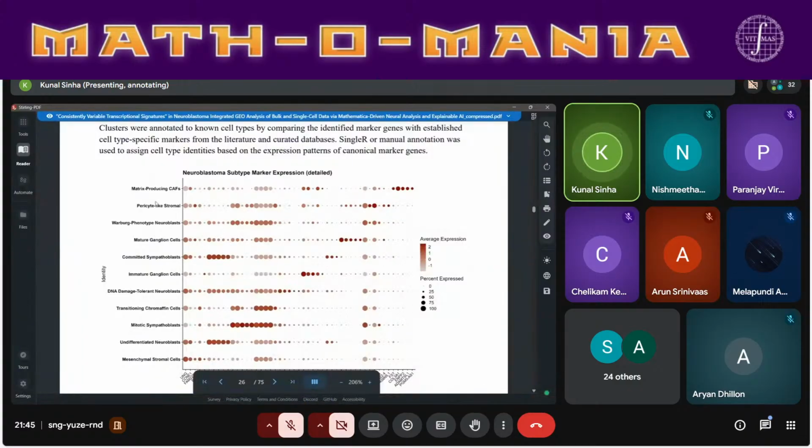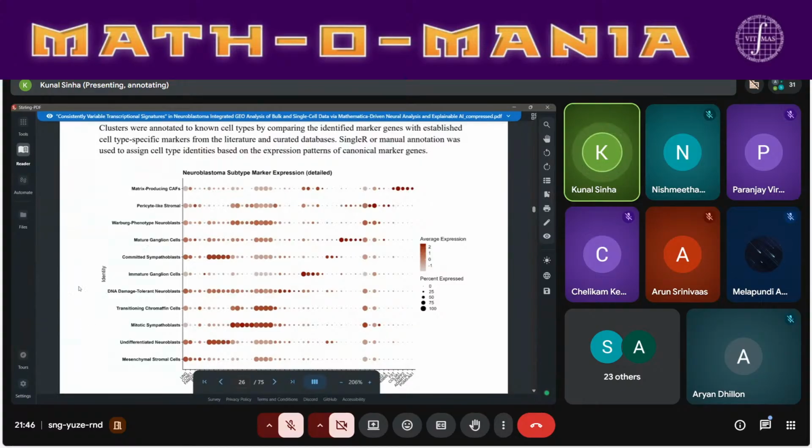Okay, so as you can see, there's matrix predicting CAF, parasite-like stromal cells. There are different types of stromal cells, like I said before. There are different ganglion cells. So ganglion cells are in different stages of their life. Immature is like they are newly born. Mature is like they are ready to reproduce and split into two, basically.